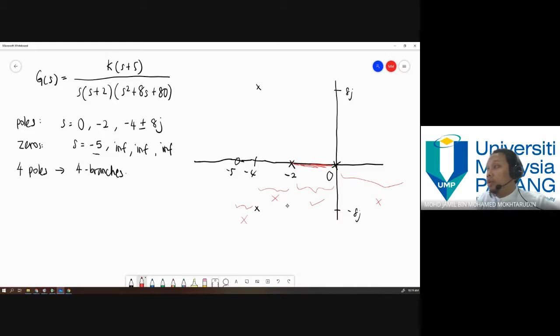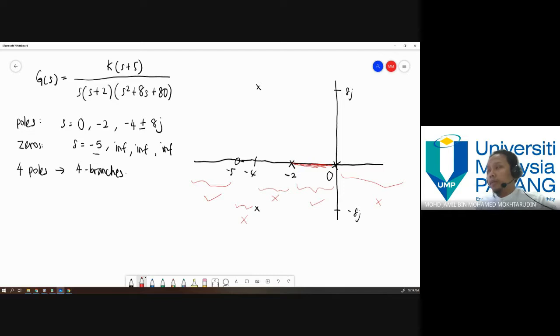And lastly, from -5 to infinity, because we have 4 poles and 1 zero, there are 5 things, so it's an odd number. So you will have a root locus on this section until infinity.